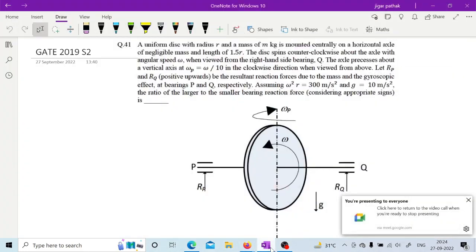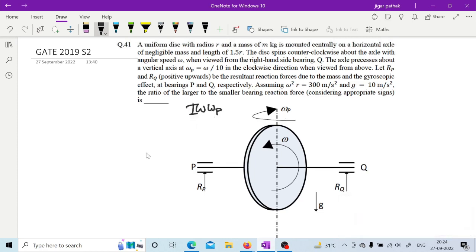So here, as per the given condition, if we see that active gyroscopic couple will be I omega omega p, right? And as you can see, you are having this particular axis of rotation given, right?